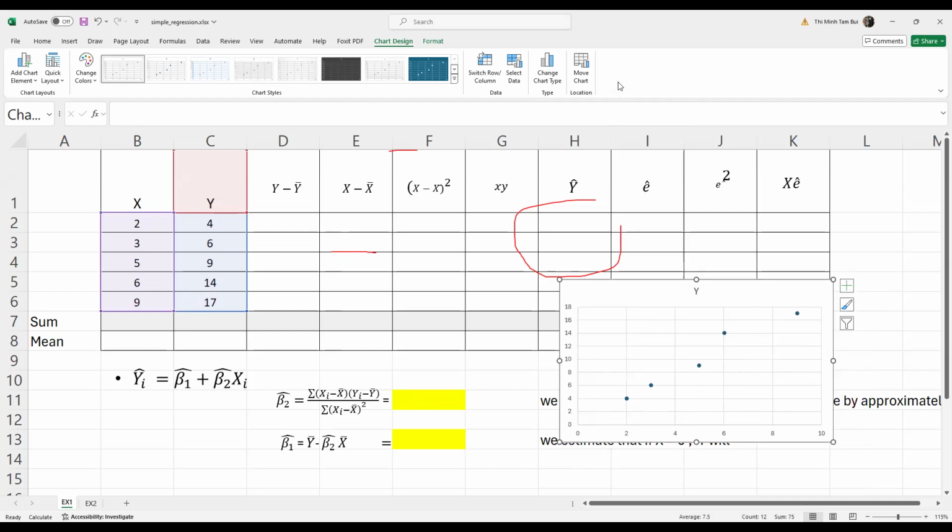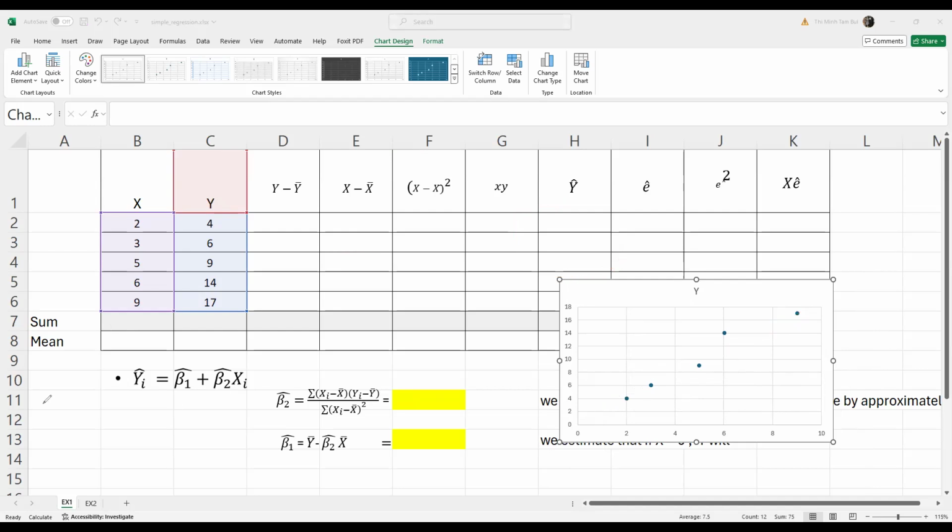They have a somewhat positive relationship with each other. If we can find a line to represent this data, it would be good. So we try to make this line together.